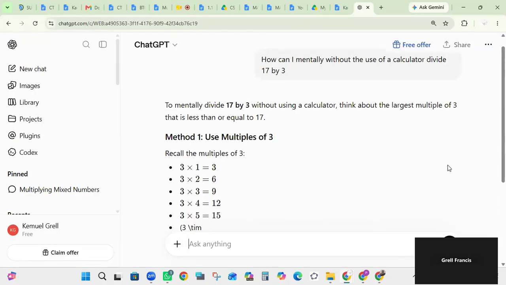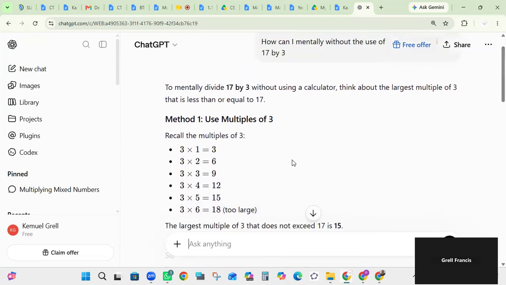And most likely it might say the same thing that I'm thinking of. So can you read what it says? To mentally divide 17 by 3 without using a calculator, think about the largest multiple of 3 that is less than or equal to 17.